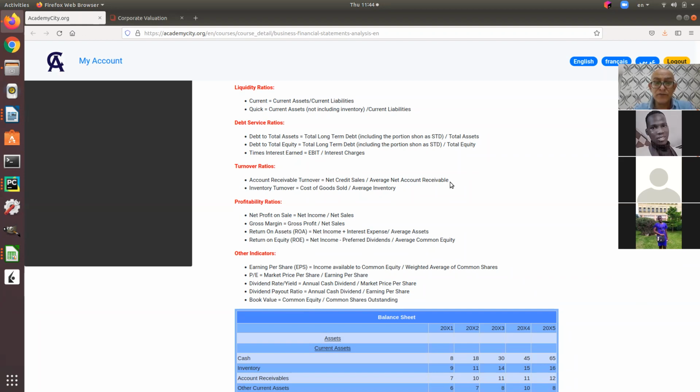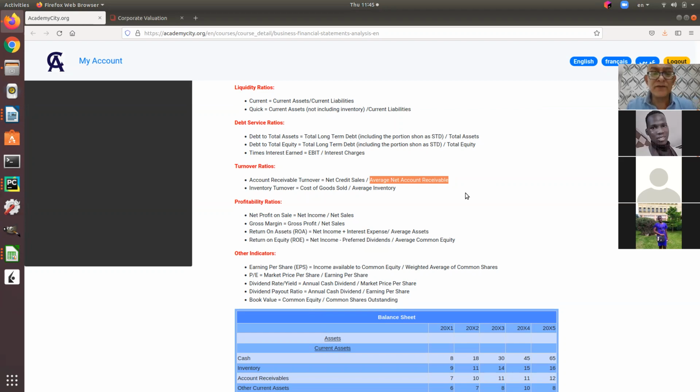Which number should I use in the denominator? And that's why the word average. When I use an account from the balance sheet in these ratios, it is customary to use the average: the beginning plus the end divided by 2. That's like the average accounts receivable during the year.